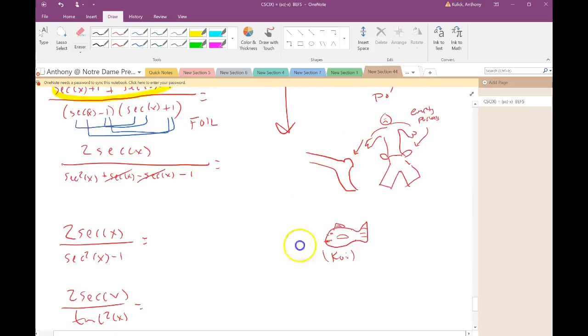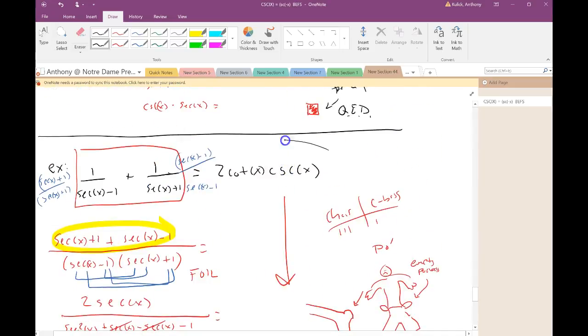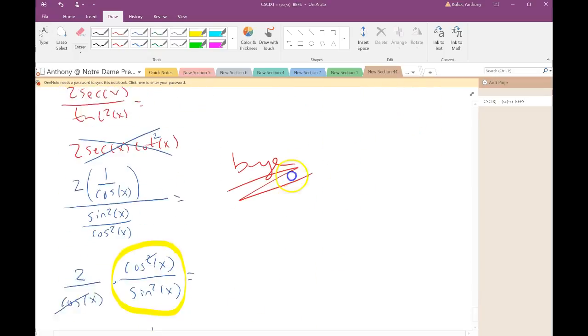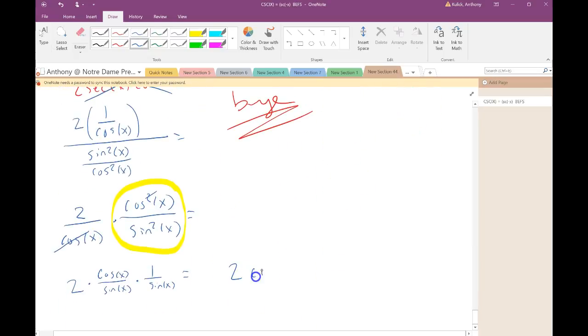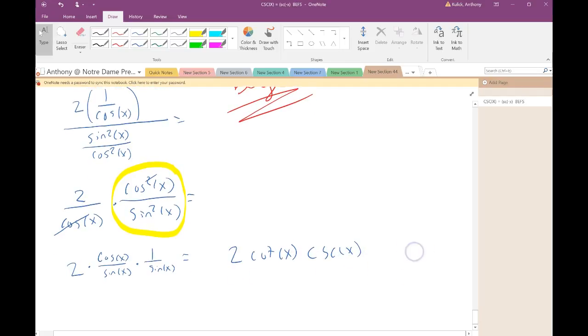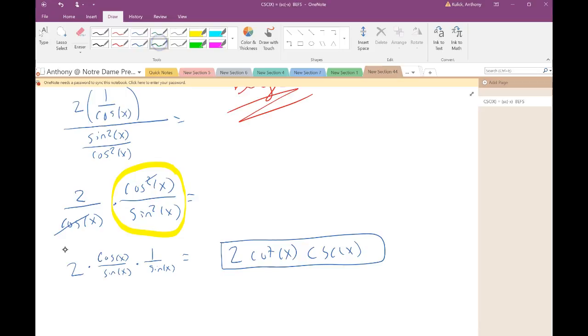So I would refer you to what we are trying to get to. My goal is to have 2 cotangent x cosecant x. Remember, this is where we're trying to get to. So I see that I have the 2. Check. Cosine over sine, what is that? Cotangent.